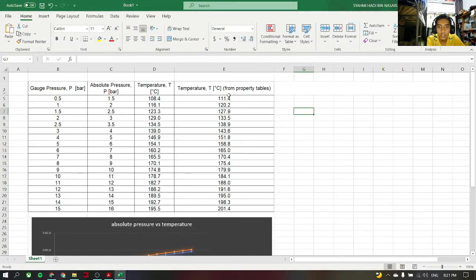So we get the data for the temperature from the property table.